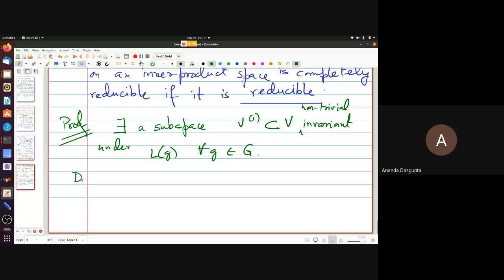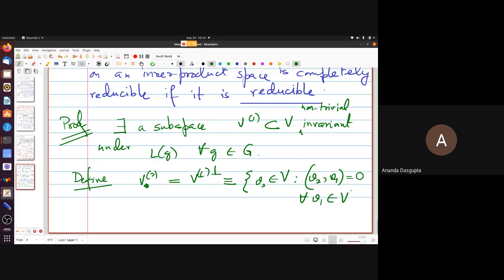So now we can define another subspace, V2, which is defined to be the orthogonal complement of V1, so V1 perpendicular. What does that mean? It means that you take all the elements of V such that they are orthogonal to small v1 for all small v1 belonging to capital V1.